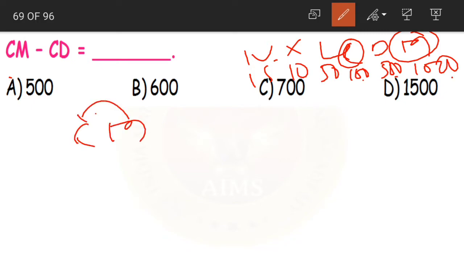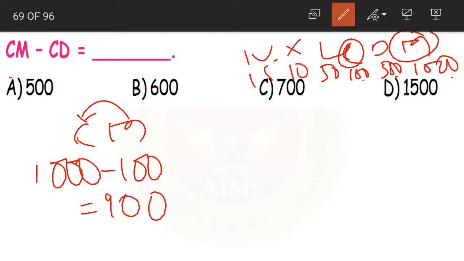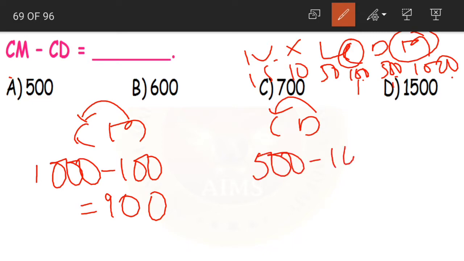Here the smaller number is to the left of the larger number, so we need to subtract 1000 minus 100, that is equal to 900. And coming to CD, again 100 and 500, the smaller number is to the left of the larger number, so we need to subtract 500 minus 100, that is equal to 400.